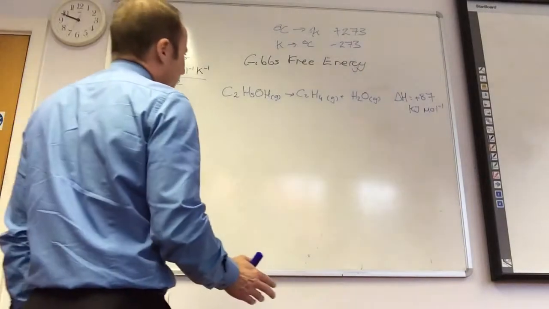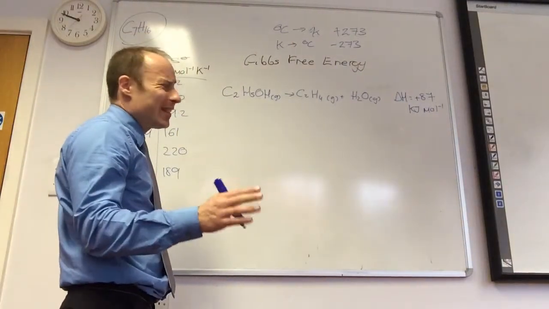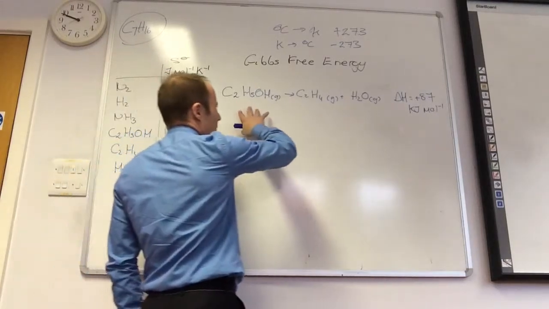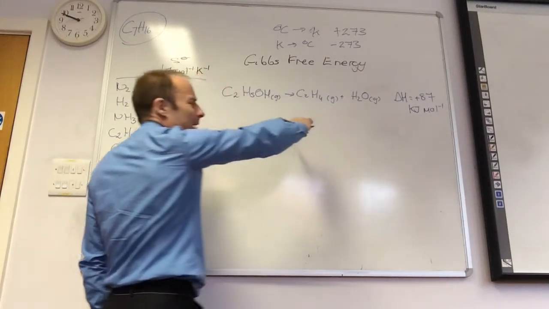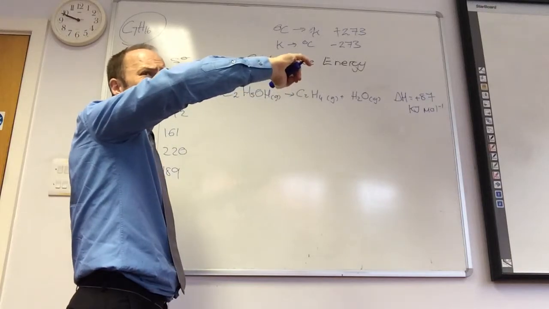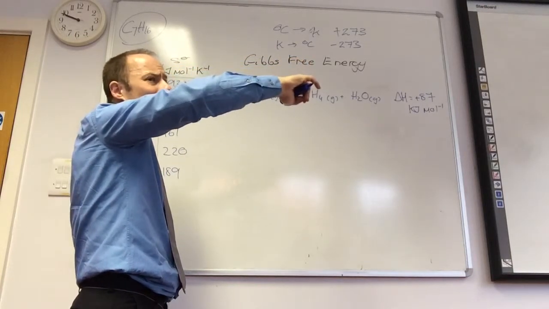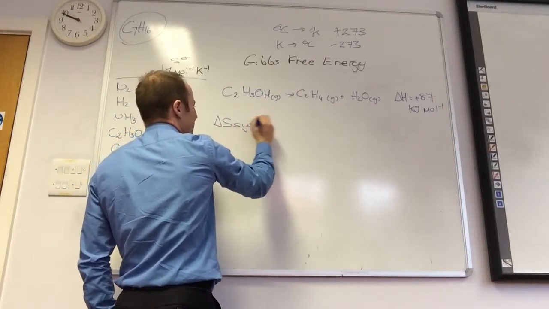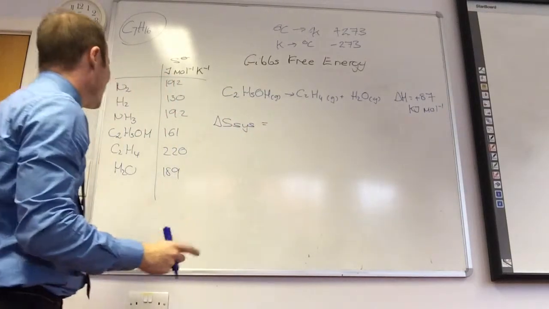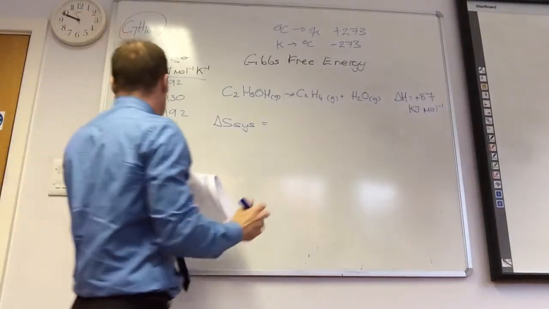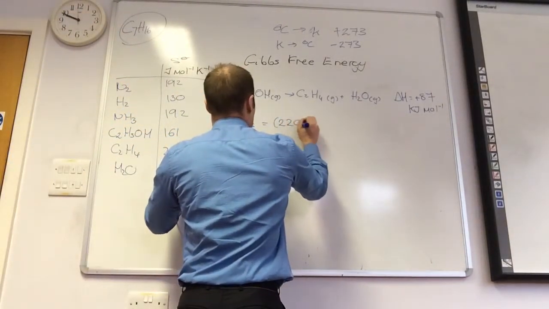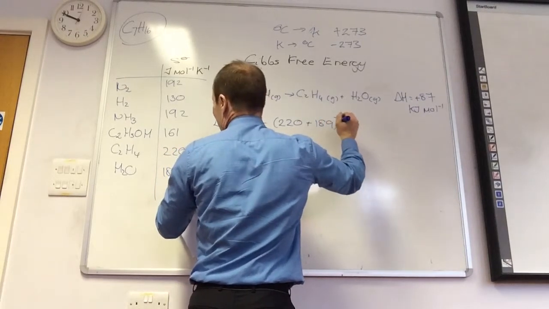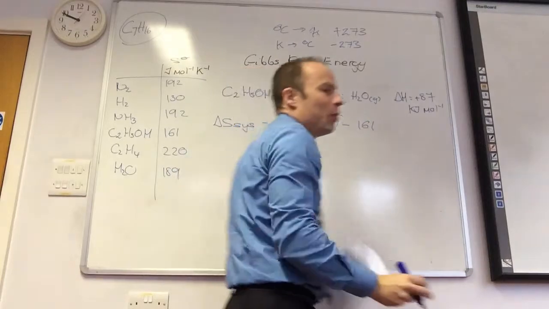So we're going to do the same thing for the next one. What you can do is always think, is it a sensible answer that you're getting? I've got one gas mole becoming 2, so I'd expect the sign of entropy for the system to be positive, wouldn't I? Because it's becoming more disordered. But let's have a look. Delta S for the system is the sum of the products, which is 220 plus 189, minus my reactant, which is 161.